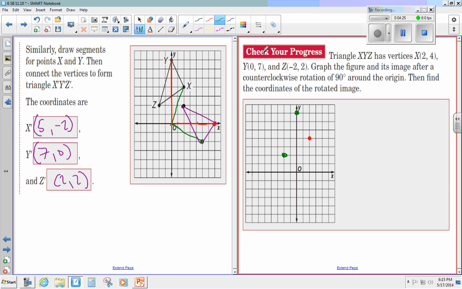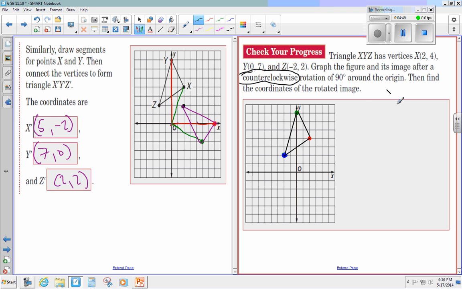Oh, I don't want to use green, I want to use blue. Okay, so you may think, wait, this is the exact same problem we just did, right? Except that for this one, we're dealing with a counterclockwise rotation.